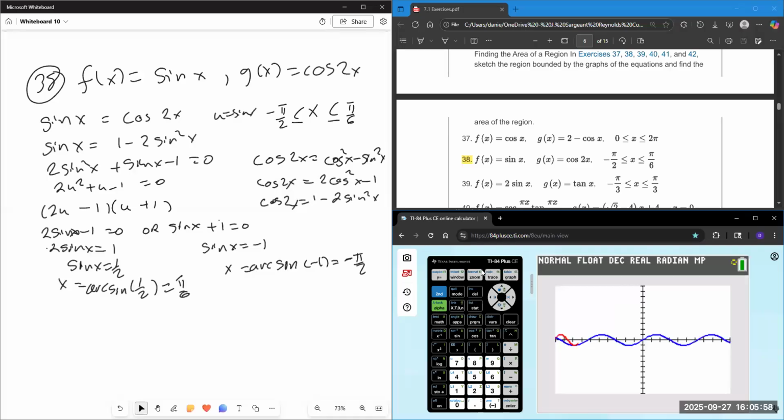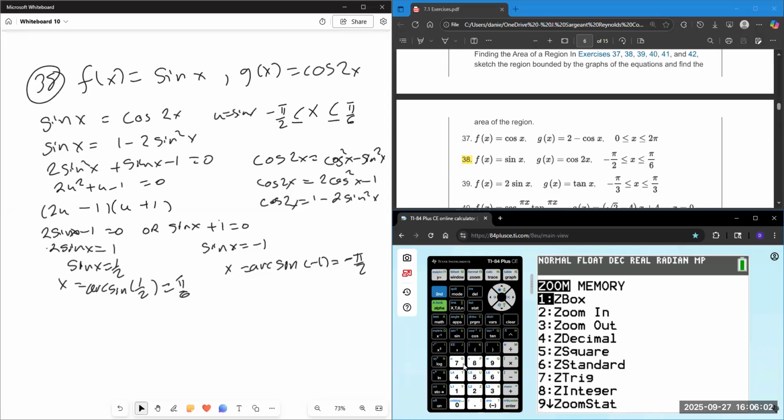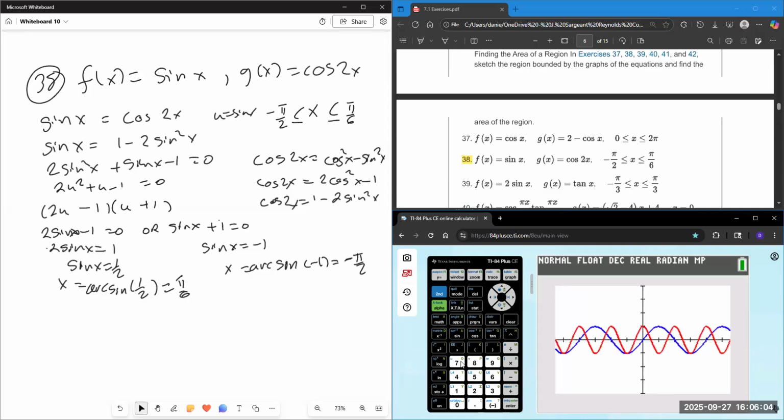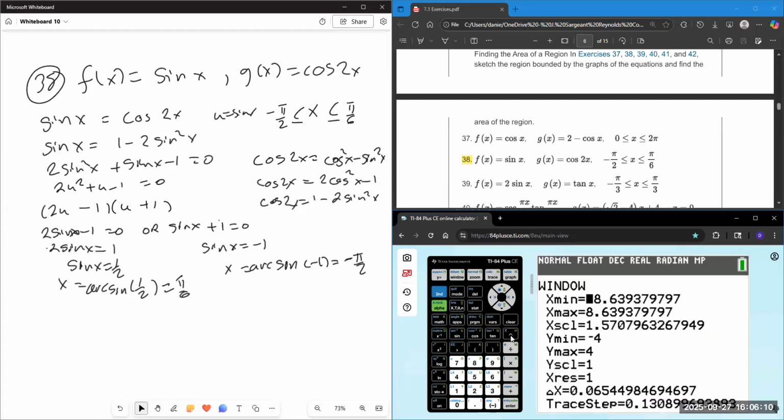Make sure you are, and we're going to zoom trig here to help us see a better part of the graph. And let's restrict our window now that we know it to be between negative pi over 2 and pi over 6 for our x's.